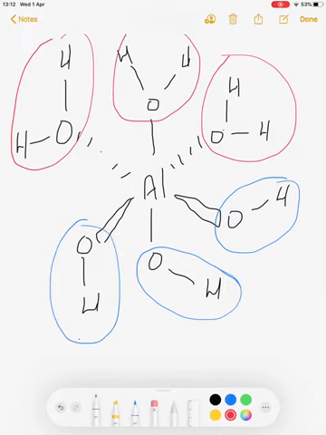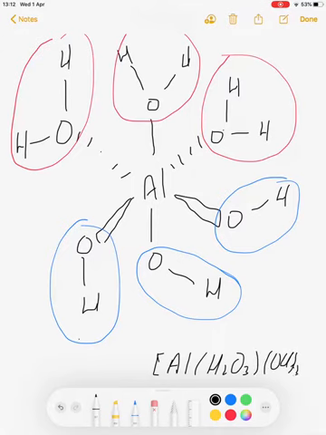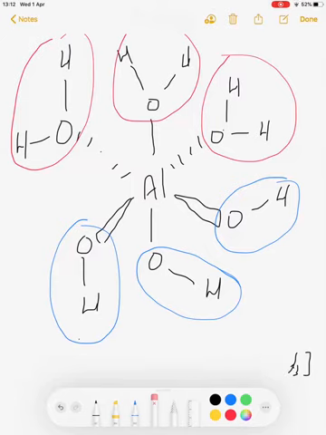So this is basically aluminium with 3 waters, 3 hydroxides, and now it has no charge. And because it has no charge, it is insoluble. This is that white precipitate that we get of aluminium hydroxide.